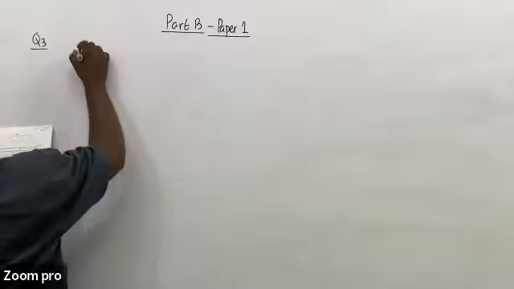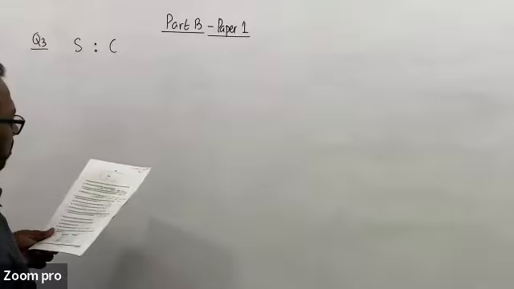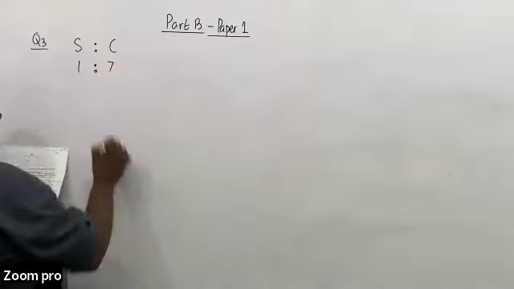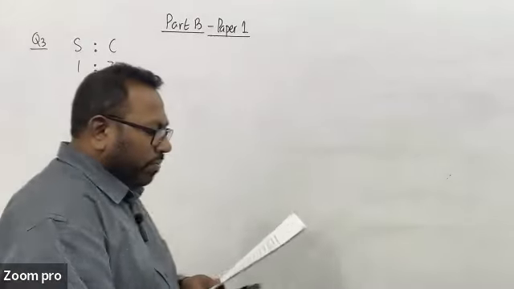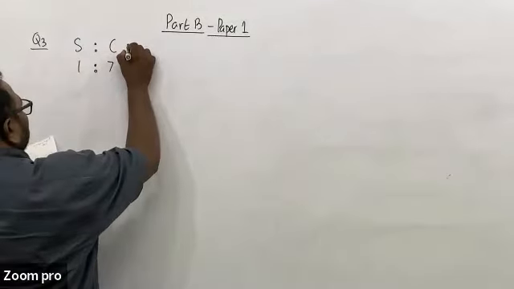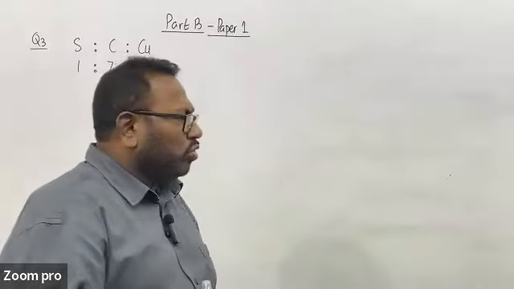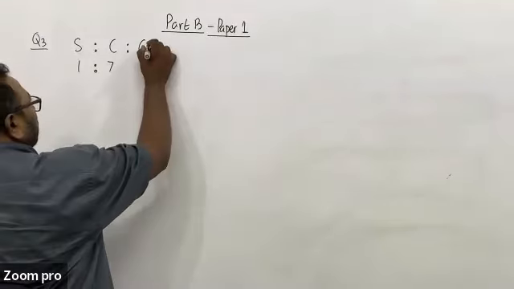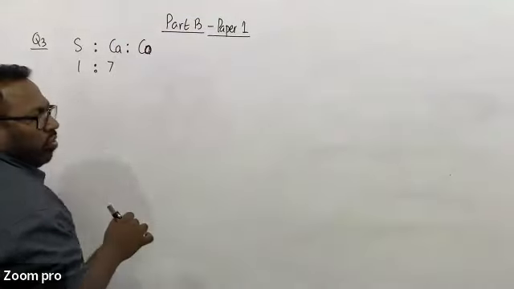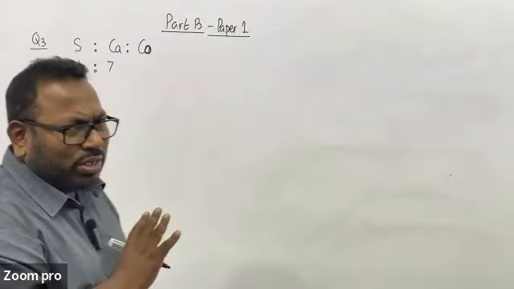The ratio steel is to carbon is 1:7, and they are saying carbon and copper. So carbon is to copper. I'm not using the scientific terms, I'm just using a short briefing.